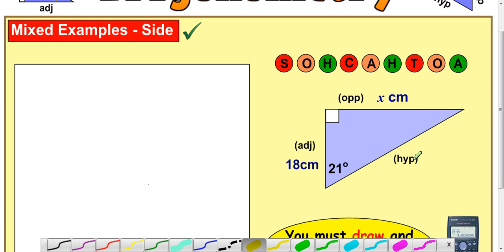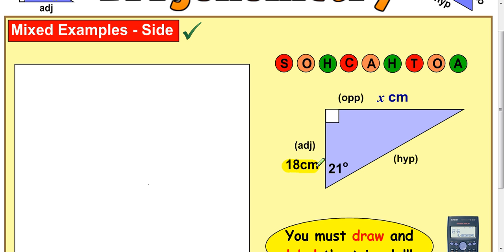So we're not interested in any ratio that involves the hypotenuse. However, next to the adjacent, you can see an 18 here. So what we do is we go to all the adjacent parts of SOHCAHTOA and give them a wee tick. So I've got a wee tick up here. So the adjacent side has a number next to it, so we'll put a tick above the A. And there's also another A which is at the end here.